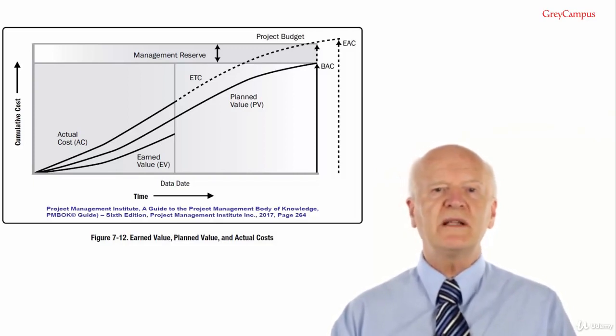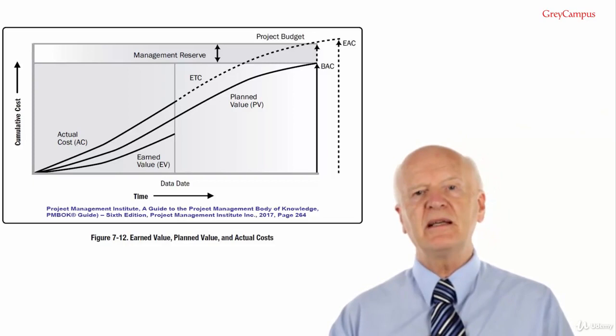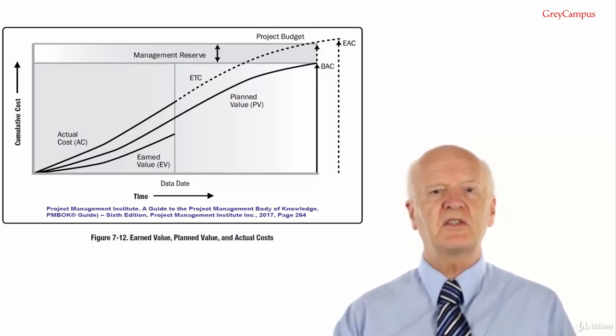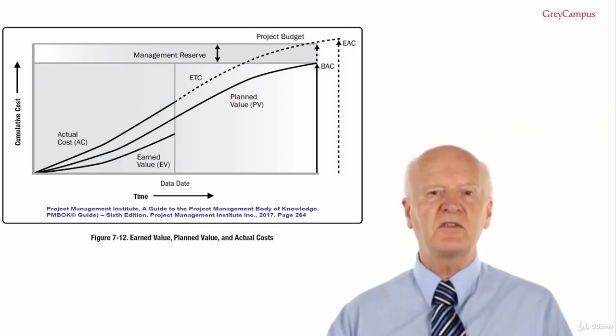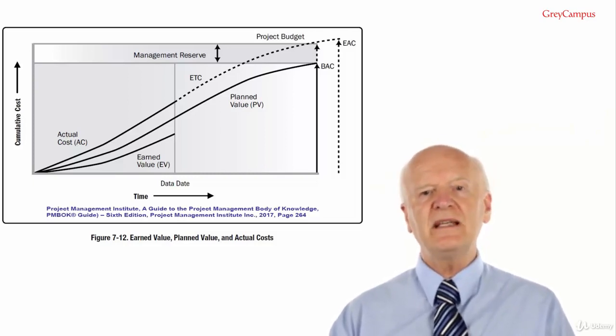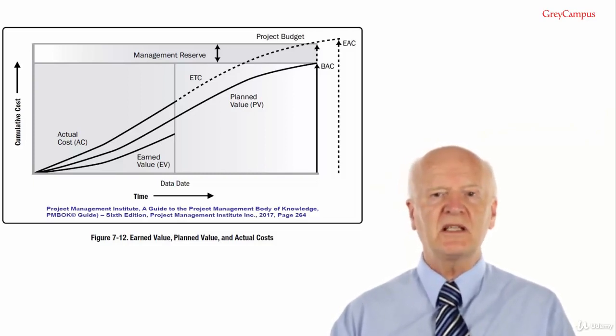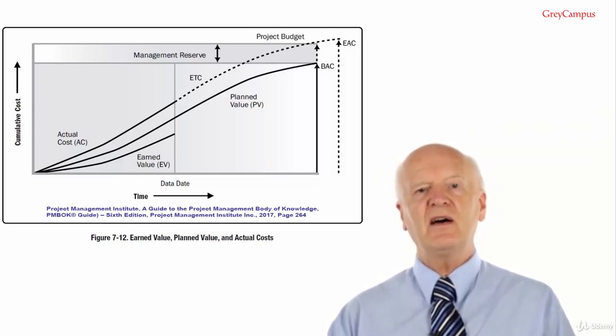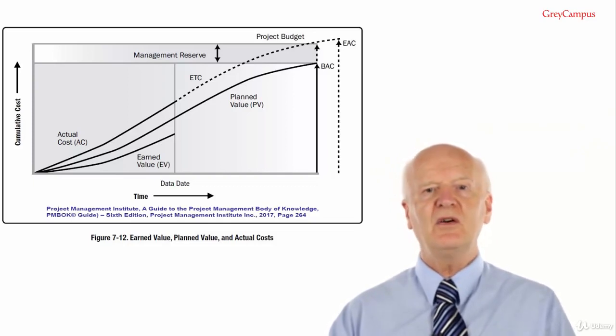Variations of this method weight the CPI and SPI at different values, e.g. 80-20, 50-50 or some other ratio, according to the project manager's judgment. The equation: EAC equals AC plus BAC minus EV, divided by CPI times SPI.